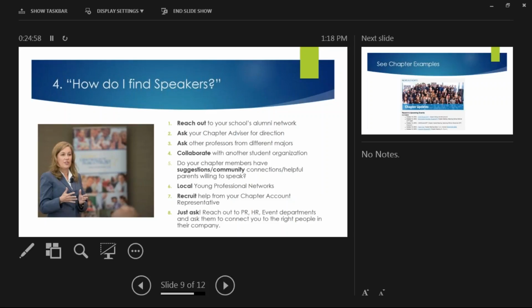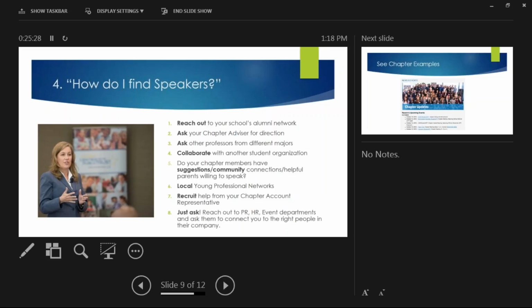And number 4, I want to point out to you, it says collaborate with another student organization. We've had a number of chapters who have collaborated with the Philosophy Club, the Marketing Club, Beta Alpha Psi, all kinds of different organizations on campus, and that's a good opportunity to say we're going to bring the content to the meeting, but then we know these other organizations maybe have larger memberships, and so you can expose your student CPT chapter to a larger group.